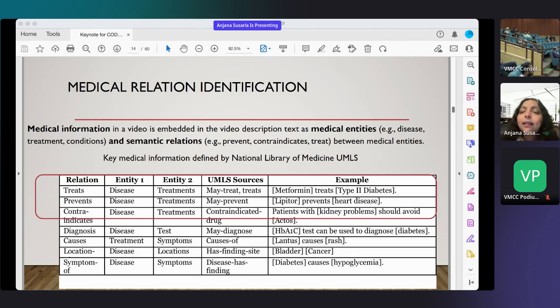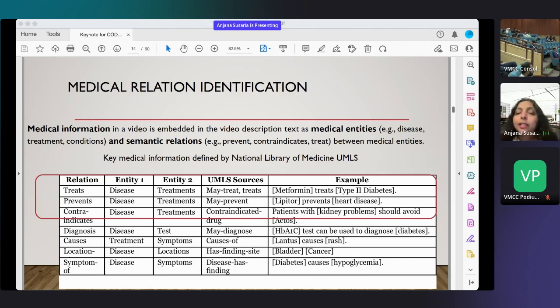Well, for that I start with what the National Library of Medicine in the United States provides, a guideline called UMLS, Unified Medical Language System. UMLS is basically a dictionary based approach which talks about any medical information as a kind of relationship between medical entities. The entity can be a disease, an entity can be a treatment, and there is the relationship between them.